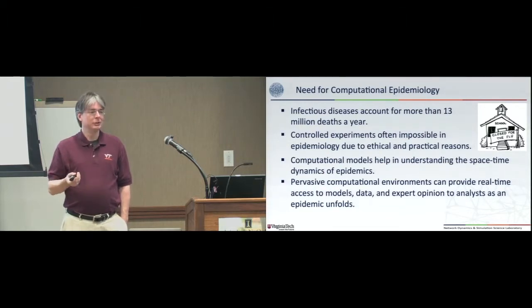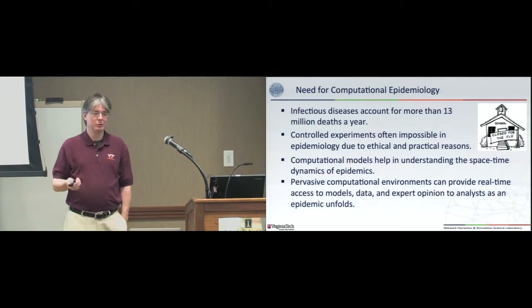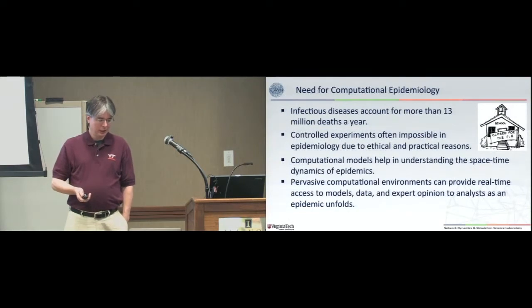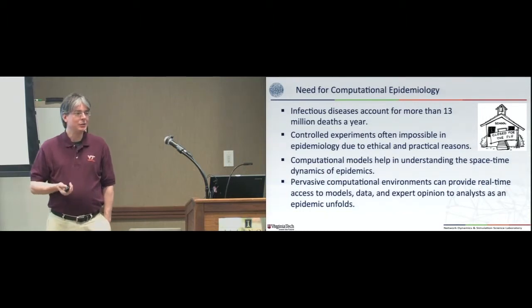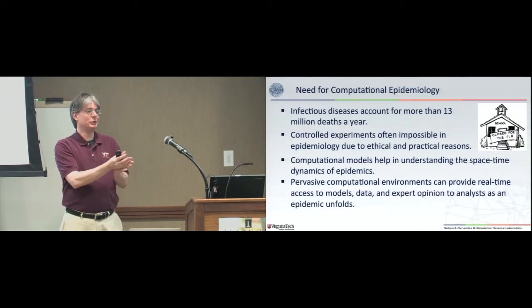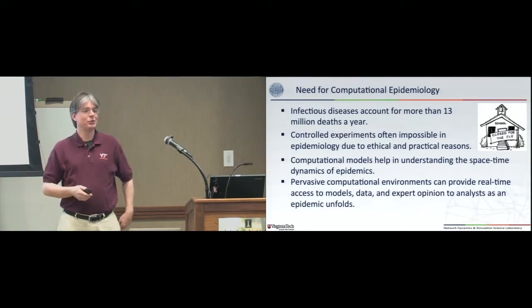So why do we want to study this? There's 13 million deaths a year from infectious diseases in the United States. You really can't do controlled experiments. You can't pick a group of people to vaccinate, say, and another group of people not to vaccinate, and see how they fare.